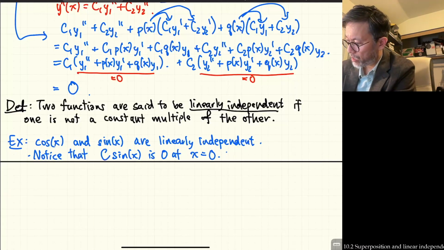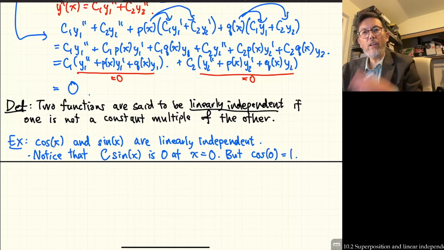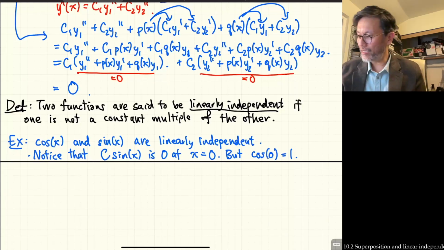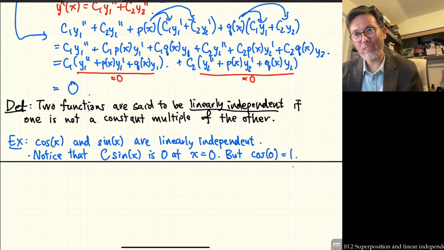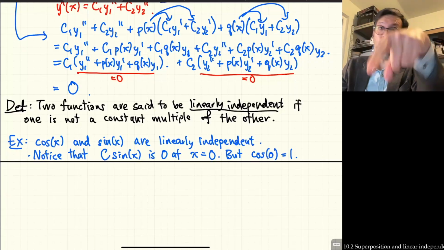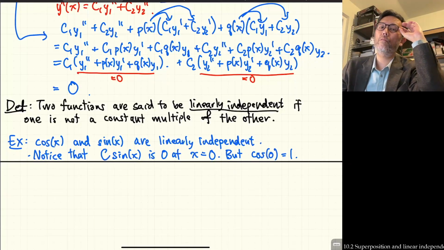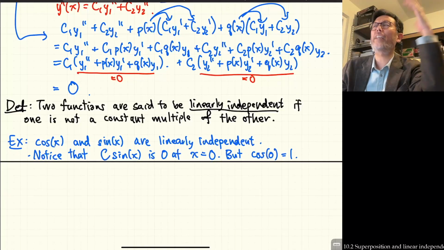But cosine of 0 is 1. So if c times sine of x were equal to cosine of x, then when we plug in 0, this side is equal to 0, but this side is equal to 1. That's a contradiction right there.